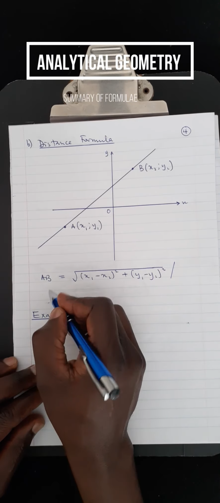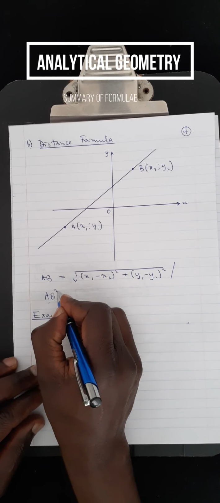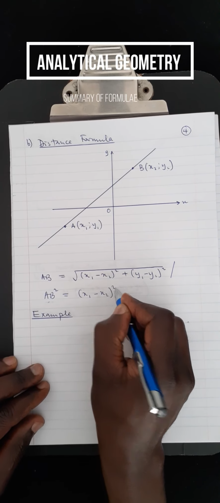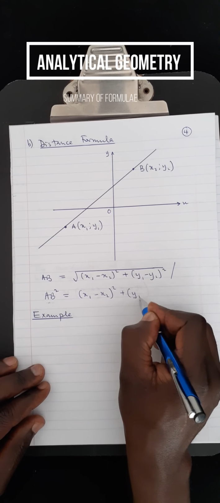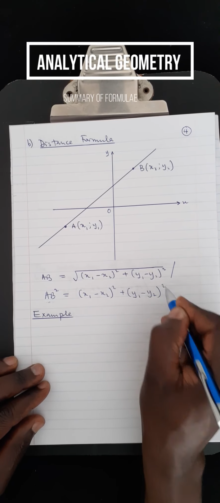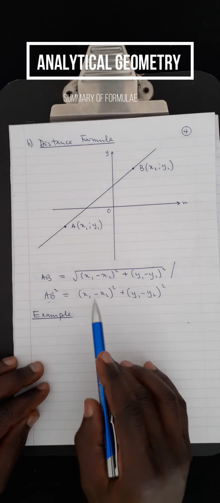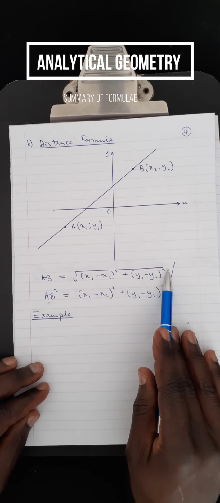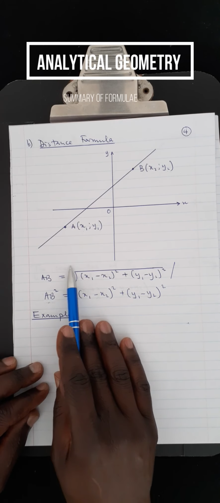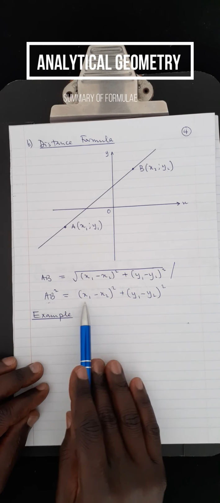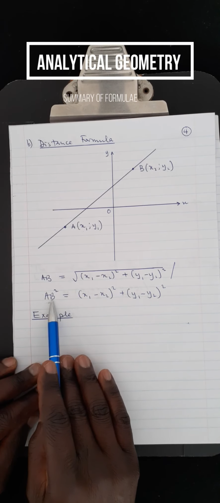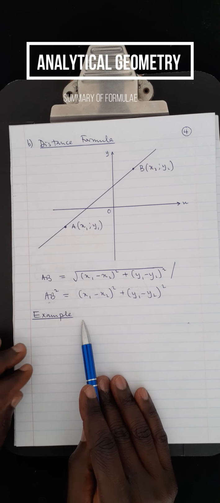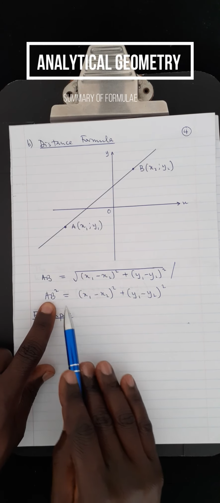Usually it can also be given as AB squared is equal to (x1 minus x2) squared plus (y1 minus y2) squared, which means we're just getting rid of the square root sign by squaring both sides. If we square the right hand side, we get this result, and when we square the left side, we get AB squared. So we can use the distance formula in this format or in that format.